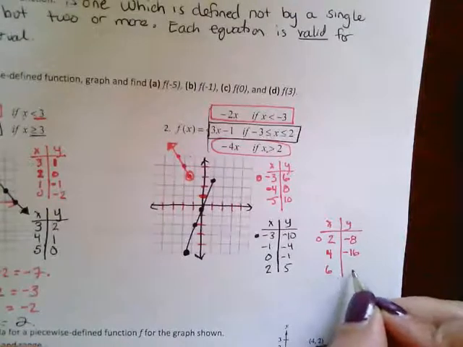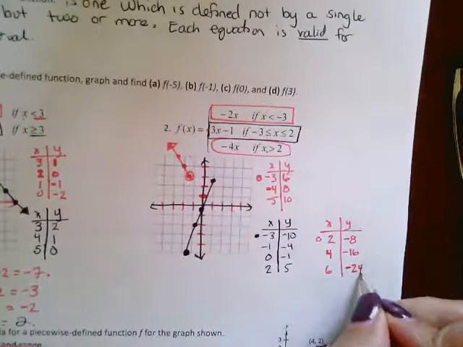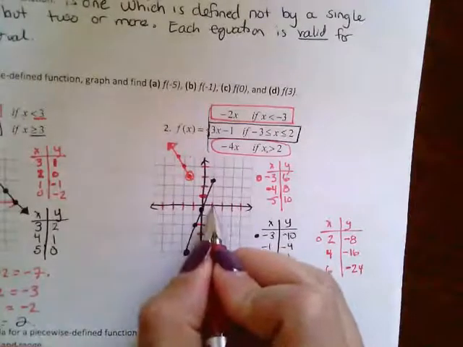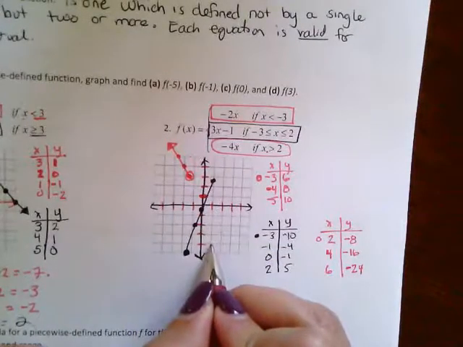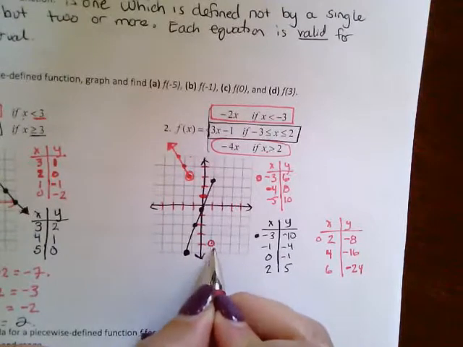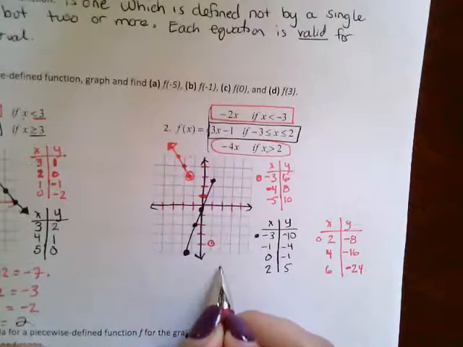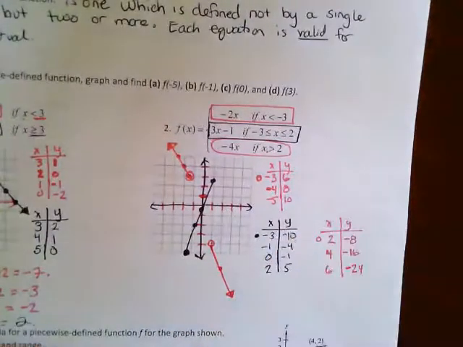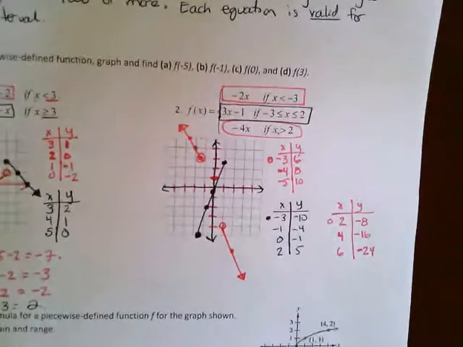At 6, it's going to be -24, which I'm probably not going to be able to graph, but here we go. At 2, we're going to be at -8, and it's going to be an open circle. And then at 4, we're going to be all the way at -16, so this line kind of does one of these. And there's my piecewise function.